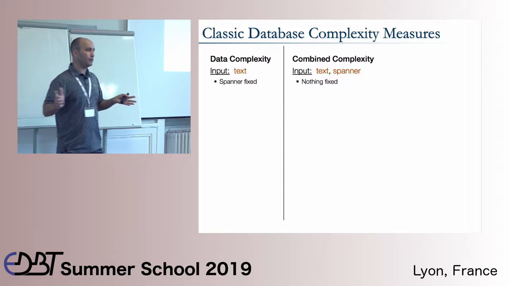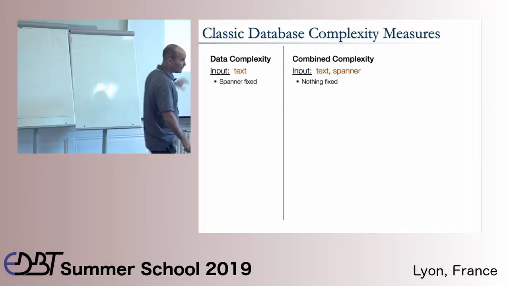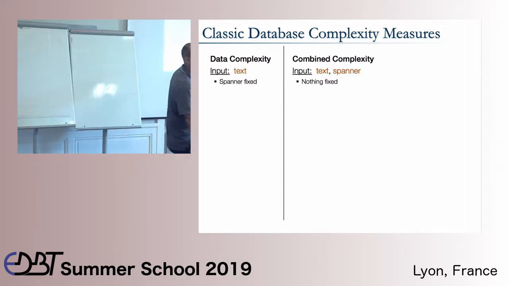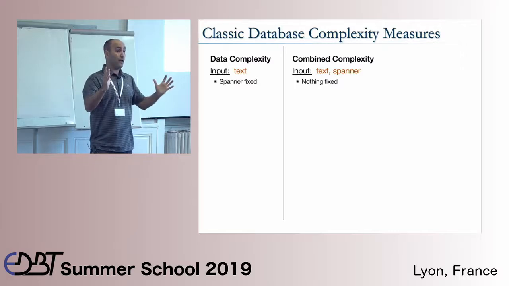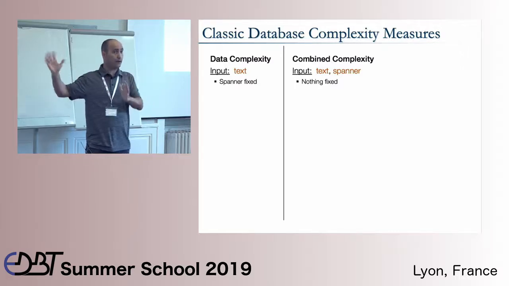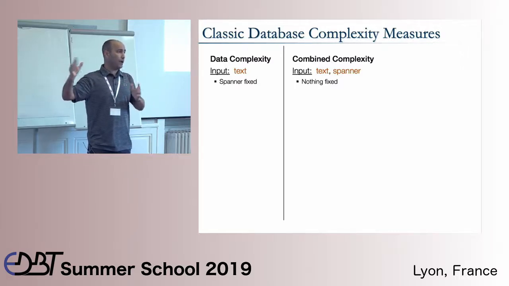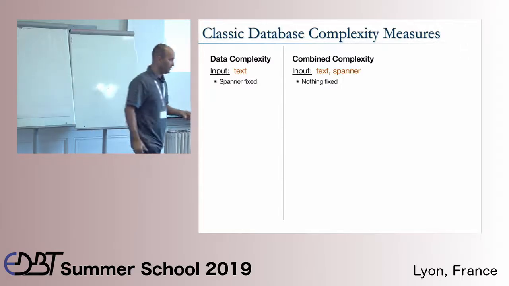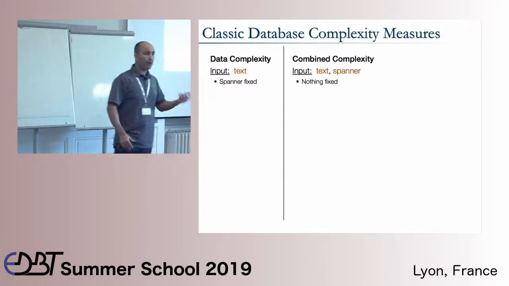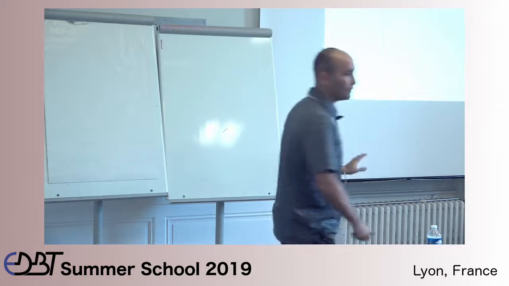Then you really should distinguish between the two. The extreme way of distinguishing between the two is the data complexity, where you say the query is fixed, and I'm basically considering only the database as the input. And when you say something like conjunctive queries or relational algebra are computable in polynomial time, you mean that for every fixed query, there exists an algorithm that runs in polynomial time for that specific query. So this is the data complexity.